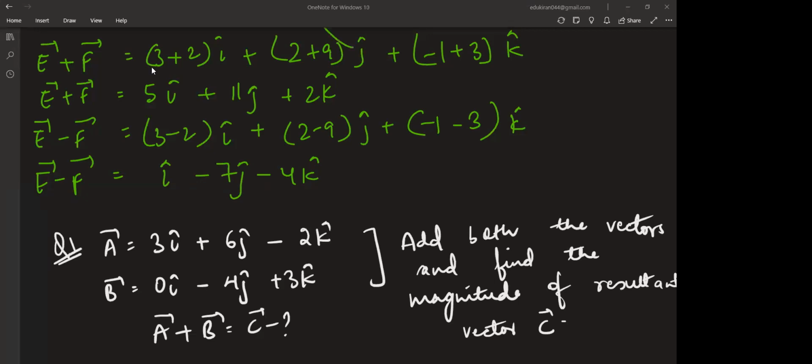Same thing. Whenever, please read the questions carefully. Magnitude of resultant.